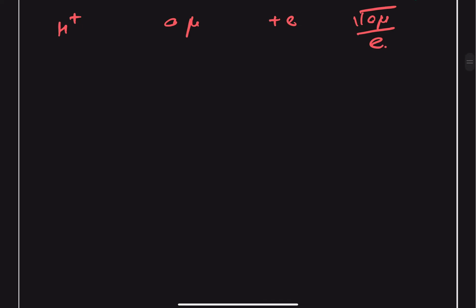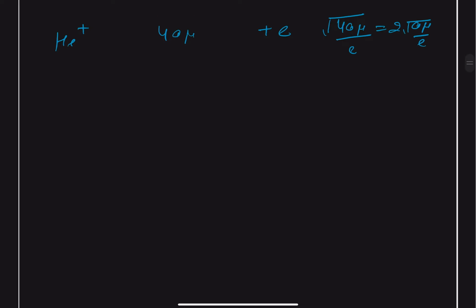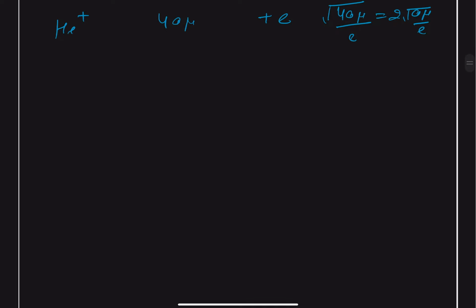Second one is He positive, which has 4 AMU, charge is plus E, and so we get the square root of 4 AMU divided by charge. So this comes as 2 square root of A by E. The last one is O2 positive, which is given as 16 AMU. Charge here is 2E.